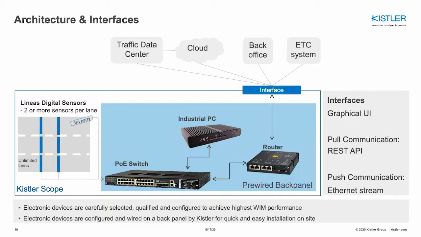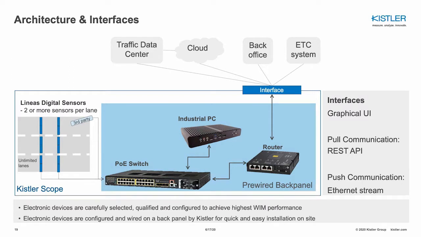Before we go into details about the interfaces, I want you to understand the architecture of the WIM system. The Kistler scope of the KiTraffic Digital system is shown with a blue frame here. It includes the sensors which are installed on the road, and as you learned, there can be an unlimited number of sensors and lanes connected to the KiTraffic Digital system.